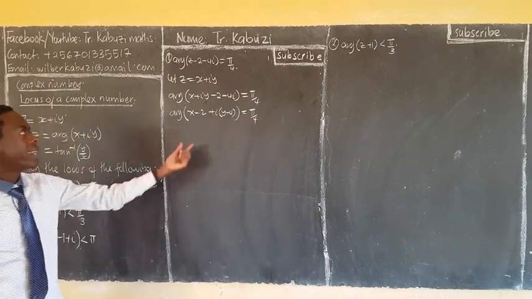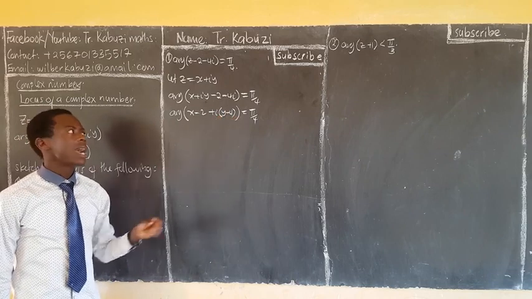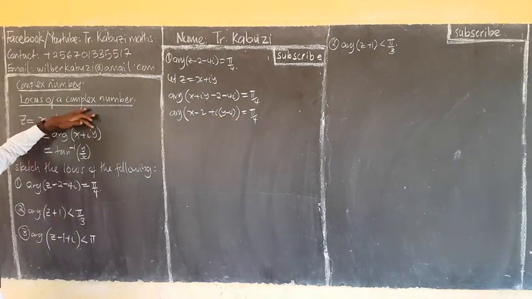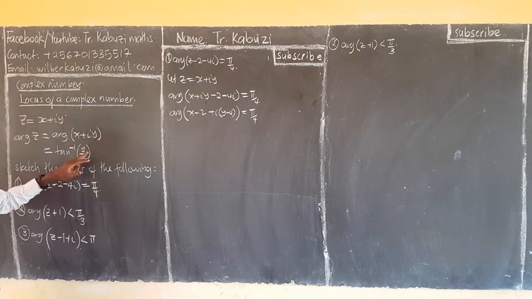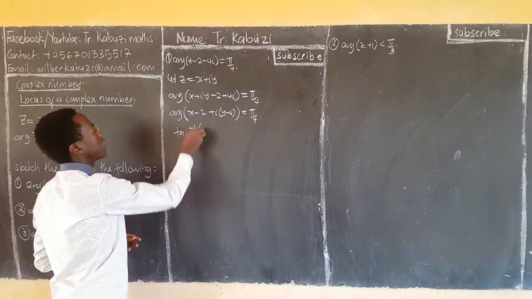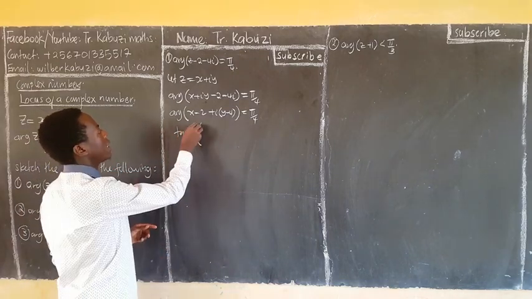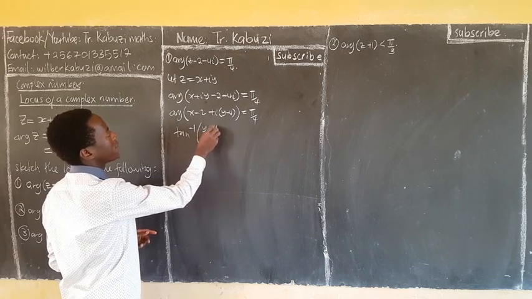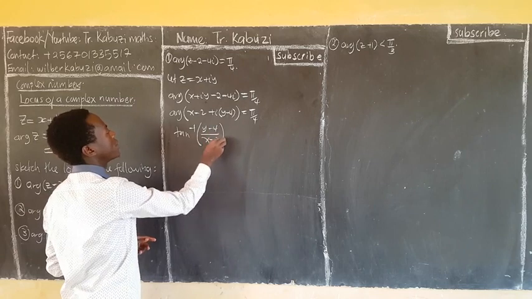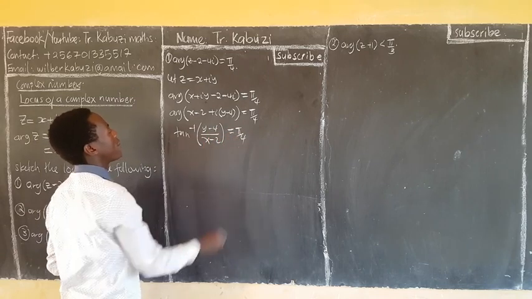Now it's in the real and the imaginary, and we said the argument of the whole of this is tan inverse of the imaginary over the real. So this will be tan inverse of the imaginary, y minus 4, over the real, x minus 2, equaling pi over 4.